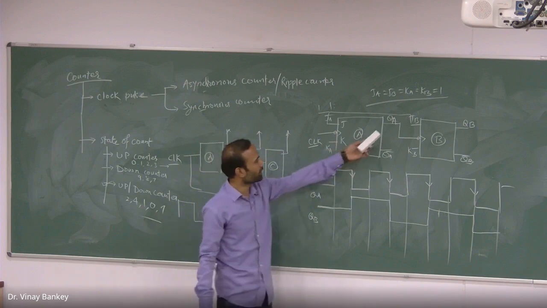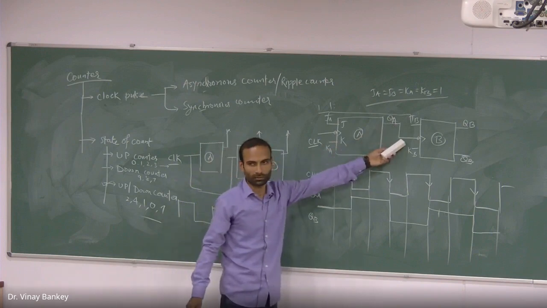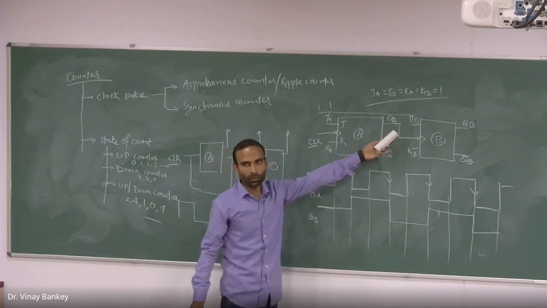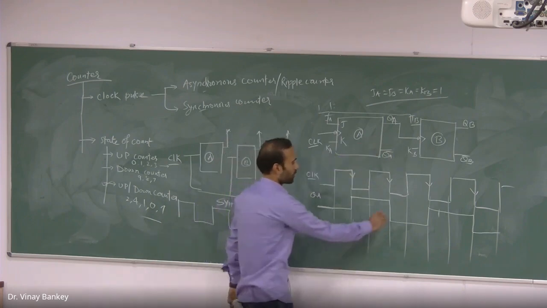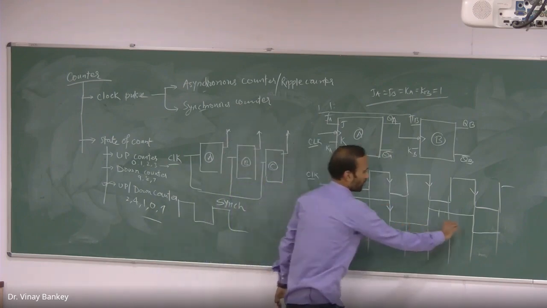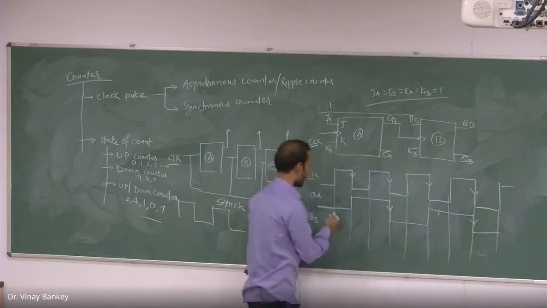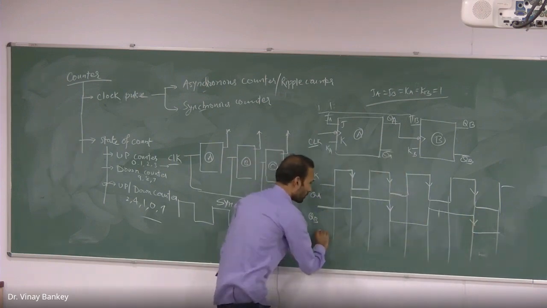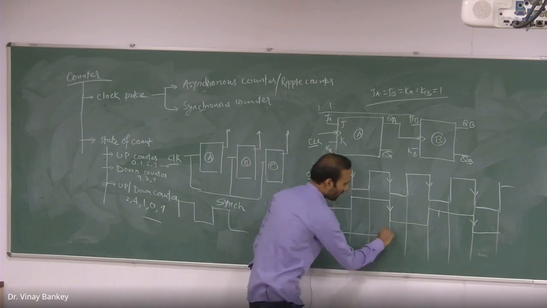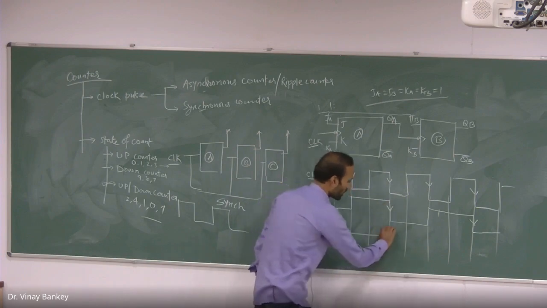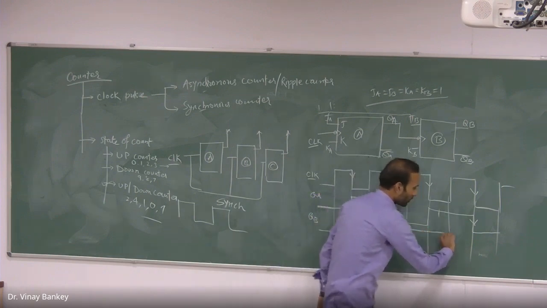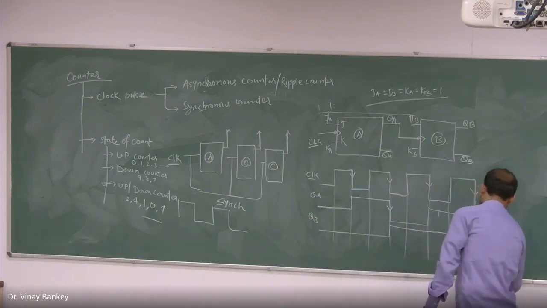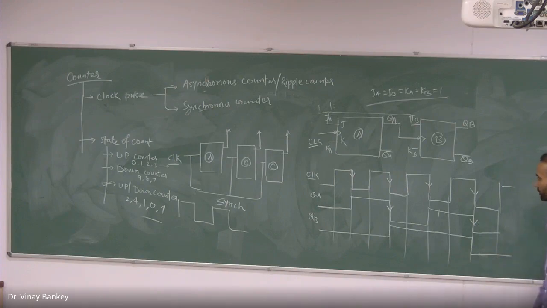For QB, QA is the clock pulse, isn't it? So it will see the negative edge in this QA pulse. So it will remain 0 till this point. The moment it sees the negative edge, it will toggle, and stay till the next negative edge.